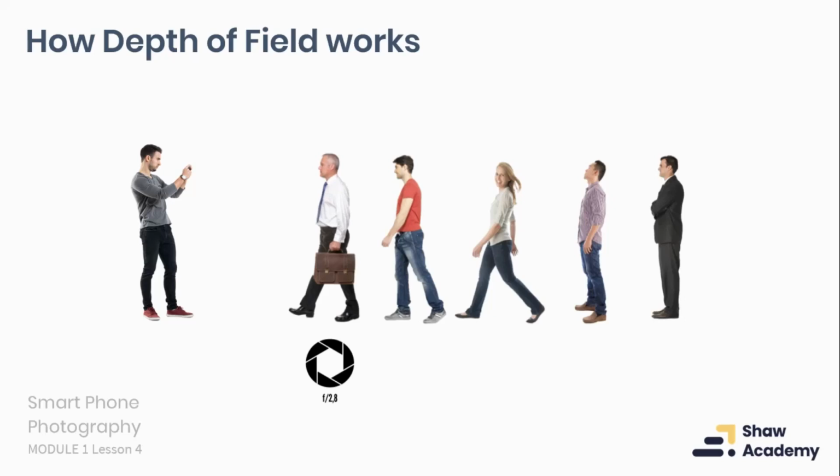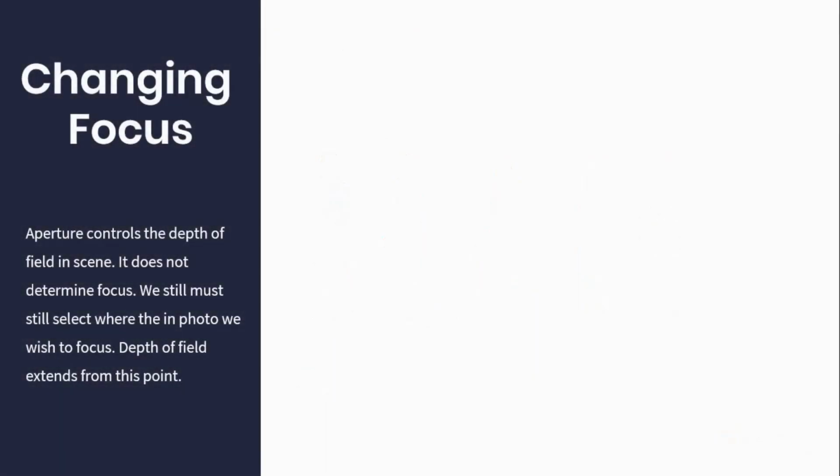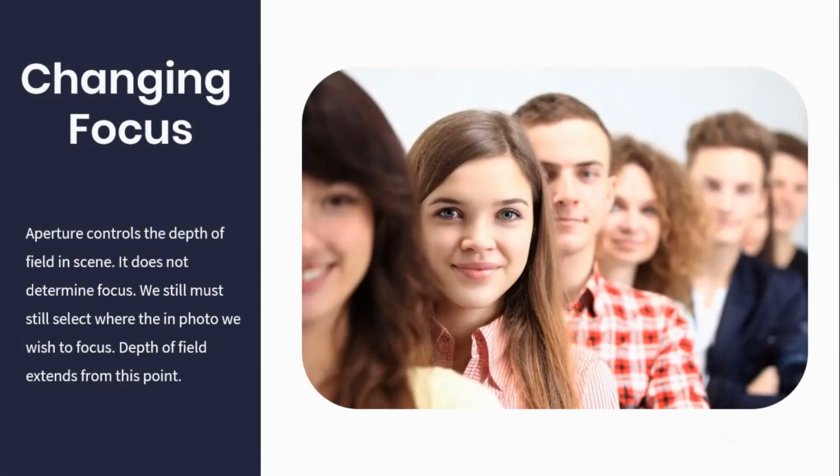Now there are other ways as well. Depth of field would extend around the person or the object that we're focusing on. So say, for example, with this lineup of people, as we can see in this instance, the photographer has focused on the girl here, second in row, and everyone in front of her and behind her is nice and out of focus with that shallow depth of field.